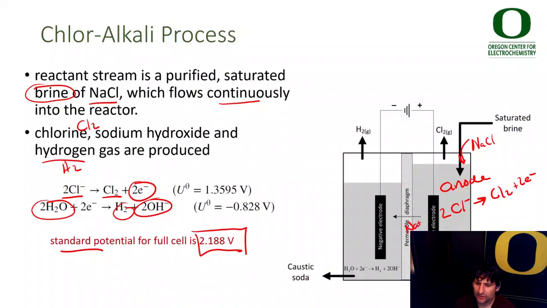Primarily, this is going to be sodium plus transferring from the anode compartment to the cathode compartment. At the cathode, we're taking water and we're reducing it to make hydrogen and OH-. The sodium plus and the OH- recombine to form sodium hydroxide. So the catholyte, the electrolyte at the cathode, can be collected and is enriched in caustic soda or sodium hydroxide in water.